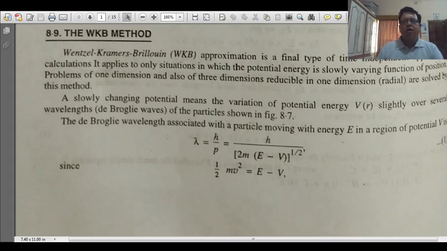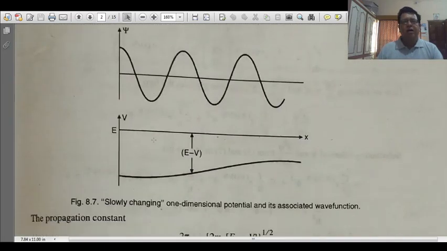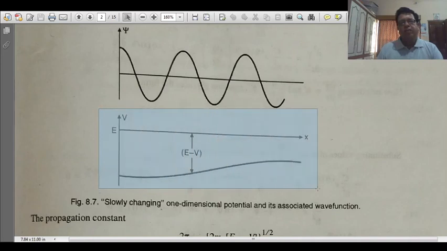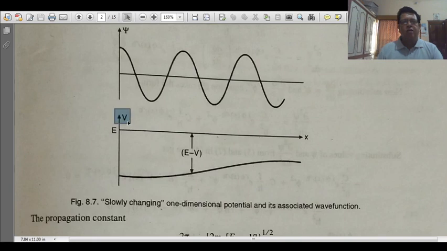It is also shown in the figure here: a slowly changing one-dimensional potential. We can easily observe the x-axis is x and the y-axis is V, a V versus x plot.